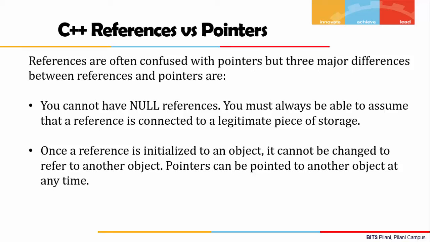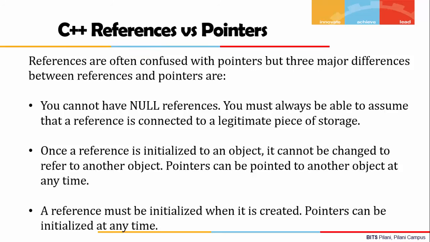Once a reference is created, it cannot later be made to refer to another object; that is, it cannot be reseated. This is often done with pointers. Once it is initialized to an object, it cannot be changed to refer to another object. Pointers can be pointed to another object at any time.